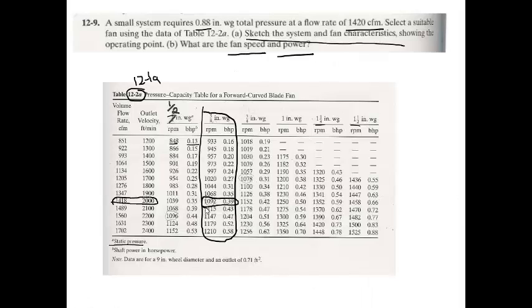I have here a speed of 1092. Let's vary the static pressure. Again, the total pressure is still going to be 0.88. If I decrease my static pressure, let's say by half an inch, I'm going to try to find the RPM speed that's closest to 1092.